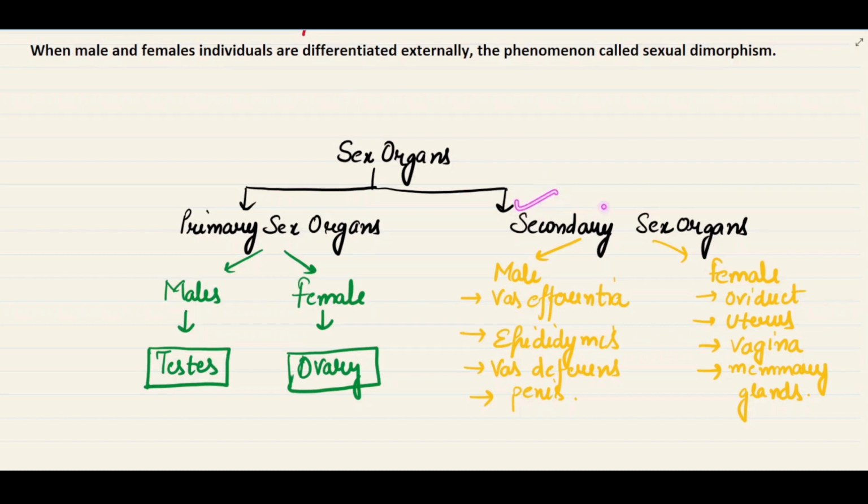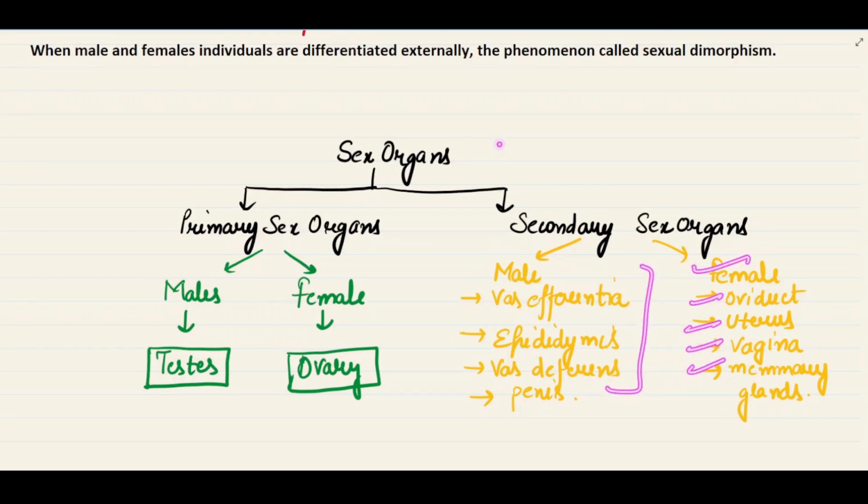They are not directly involved in gamete formation, but they indirectly help. In males we have different secondary sex organs and in females we have different secondary sex organs.